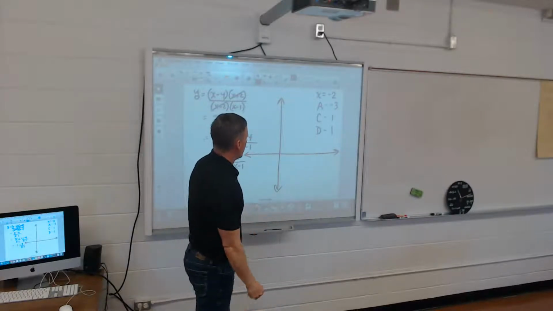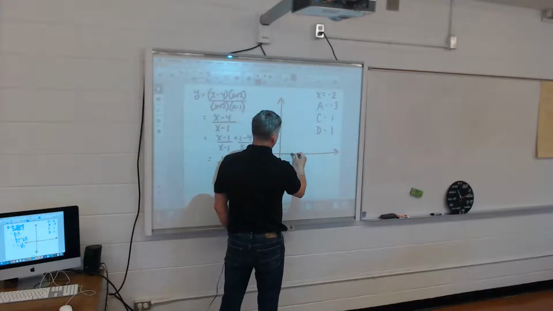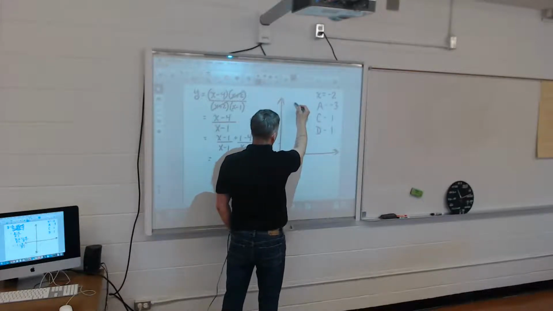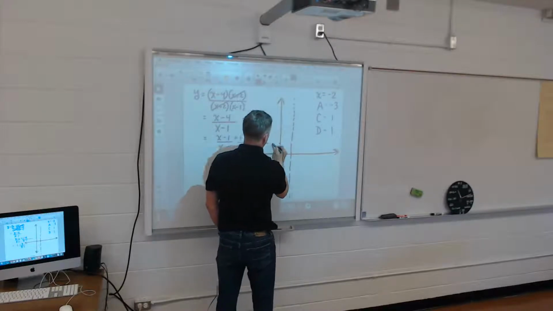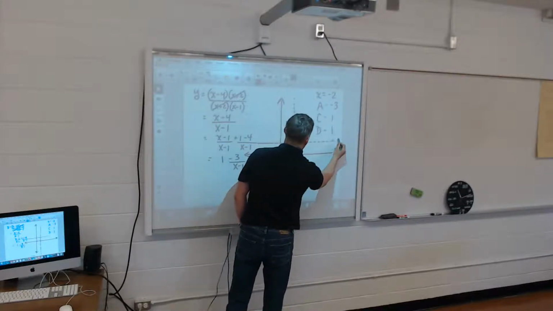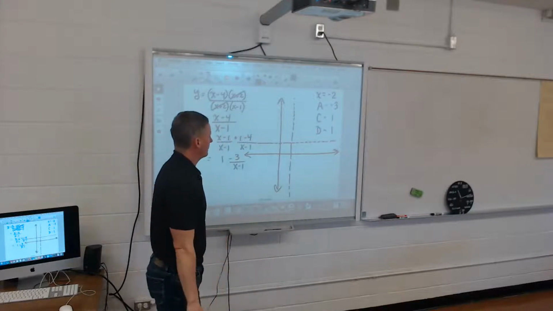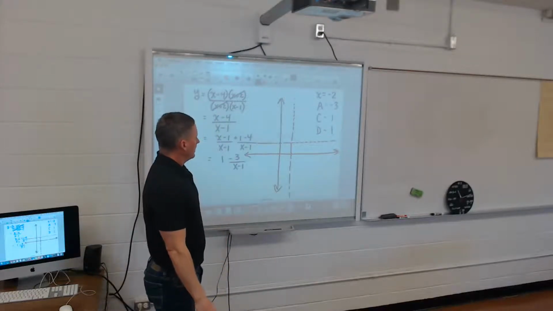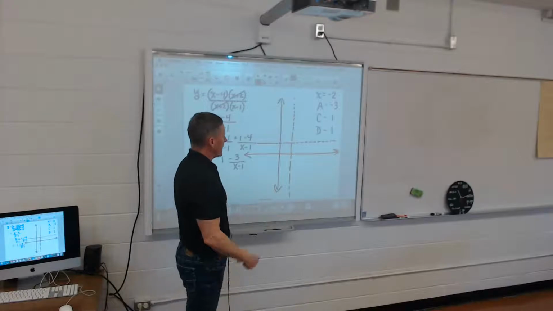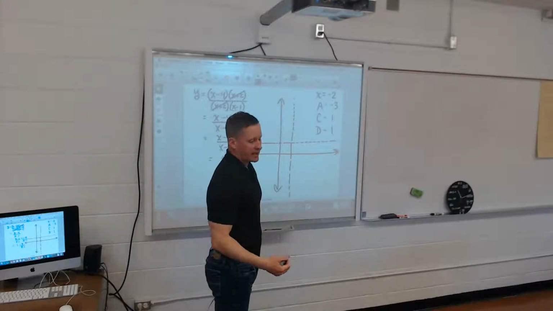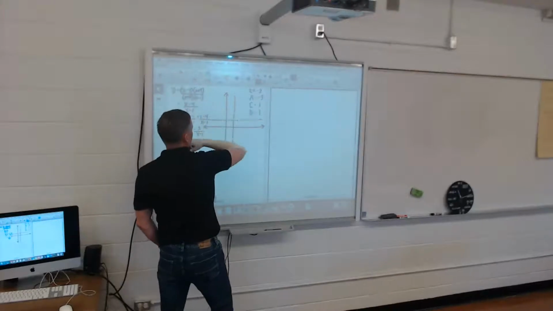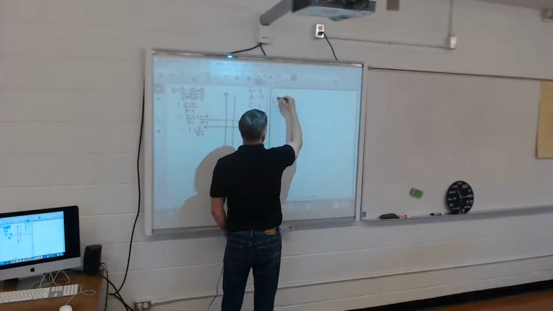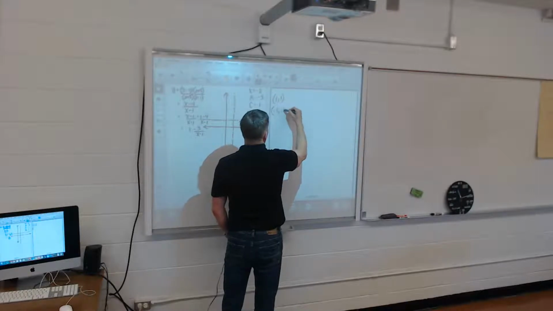the first thing I notice is at 1 and 1, I have asymptotes right there. The next thing I have to do is follow my two coordinates: 1 and 1, and -1 and -1.